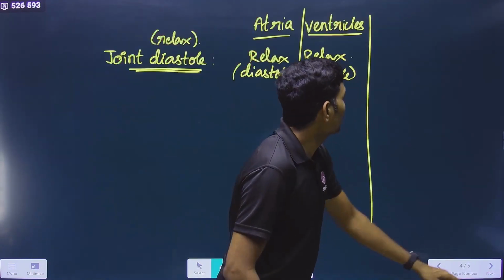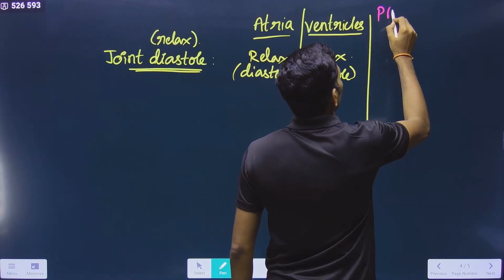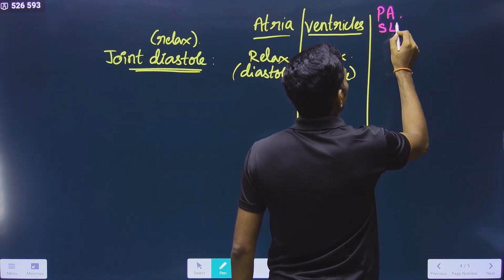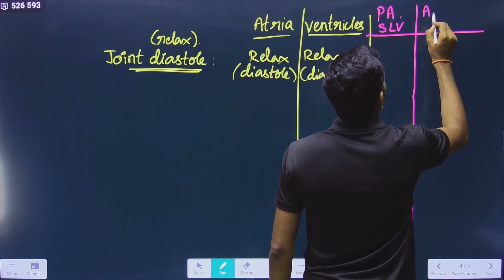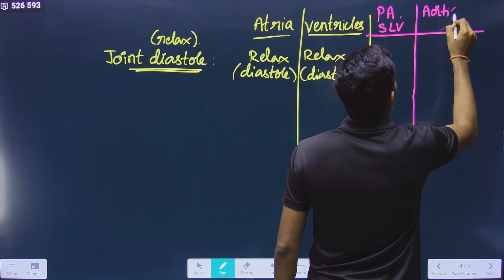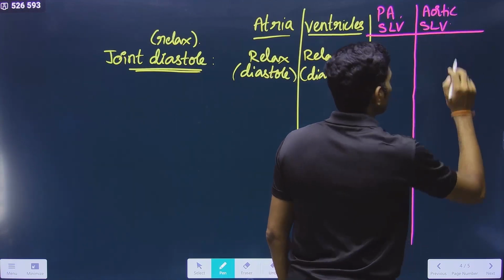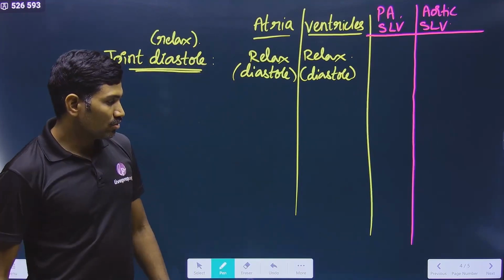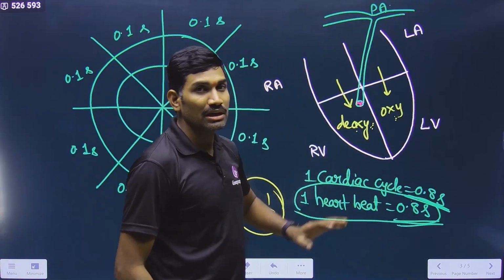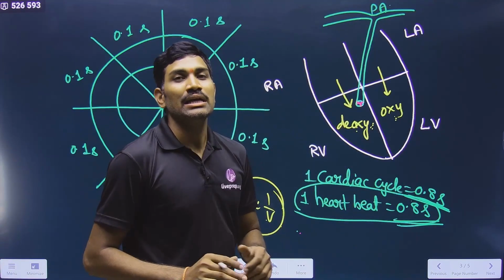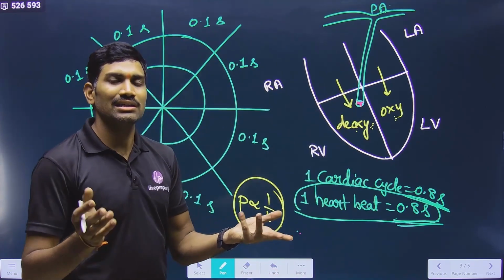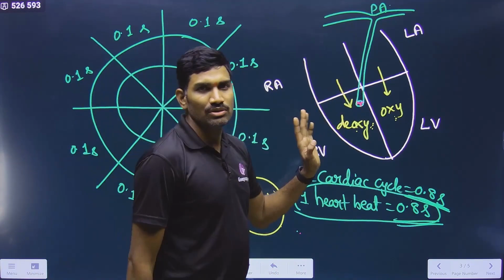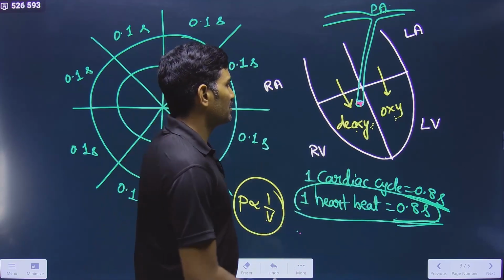Now here we are talking about the pulmonary artery semilunar valves, and then here the aortic semilunar valves. Tell me whether they are closed or open. Observe the diagram carefully and understand the concept, because in the examination this is how they will interlink the points.